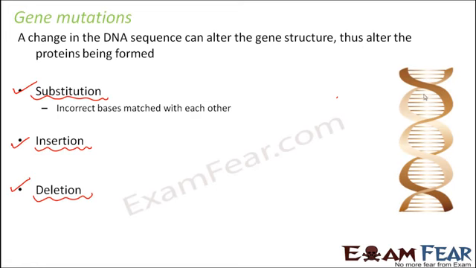Now as I said, there is a proper sequence which is maintained, right? Here you have something like this. Let us suppose these are the bases which are mapped to each other. So this is how you have a specific sequence. Now, we all know that A, that is adenine, should always be mapped to thymine.